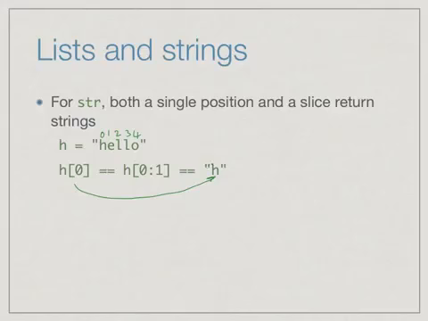But the letter h in Python is indistinguishable from the string h. Similarly, if we ask for the subsequence from 0 to 1, but not including 1, then again we get the string h. So in one case, it's as though we constructed a substring of length 1. In one case, we got a single character, but Python does not distinguish. So h of 0 is actually equal to, as a value, the slice h 0 colon 1.